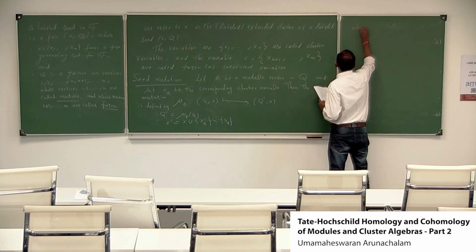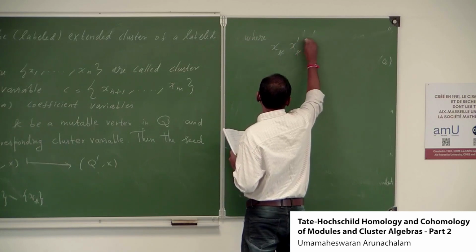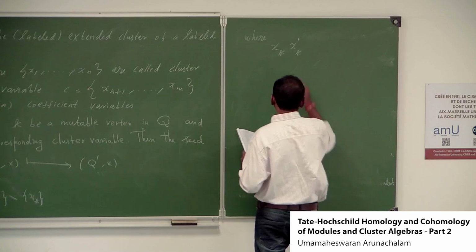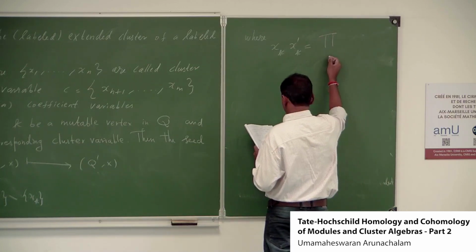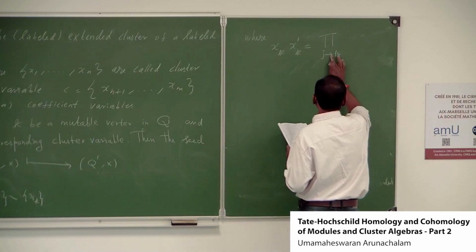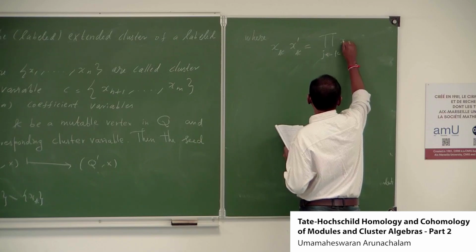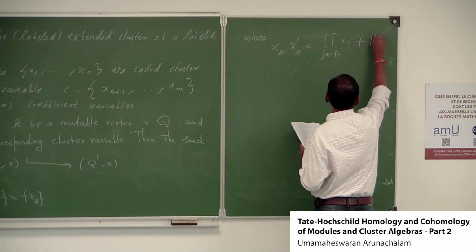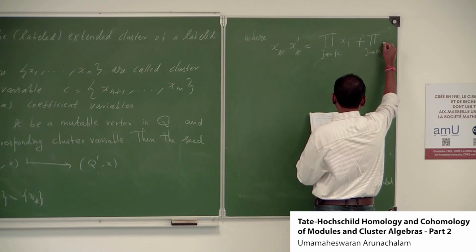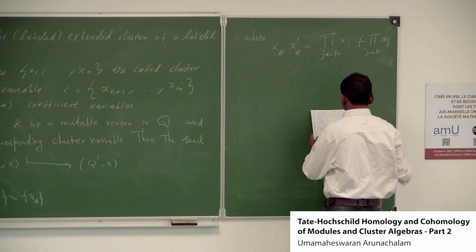Where xk dash is the direct product of k to j xj plus the direct product j to k xj.